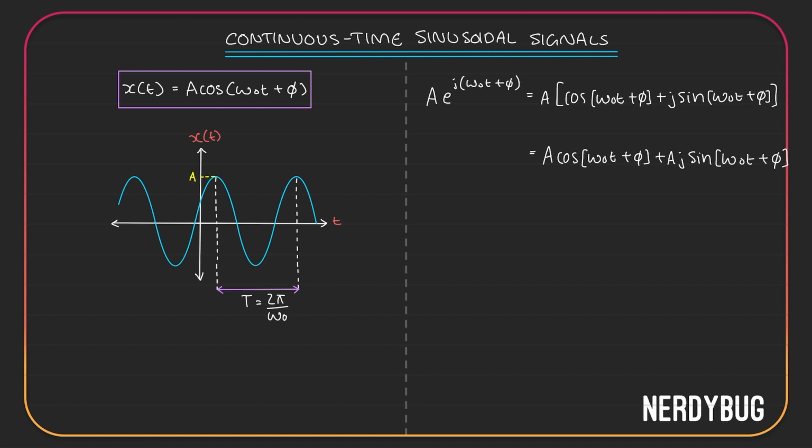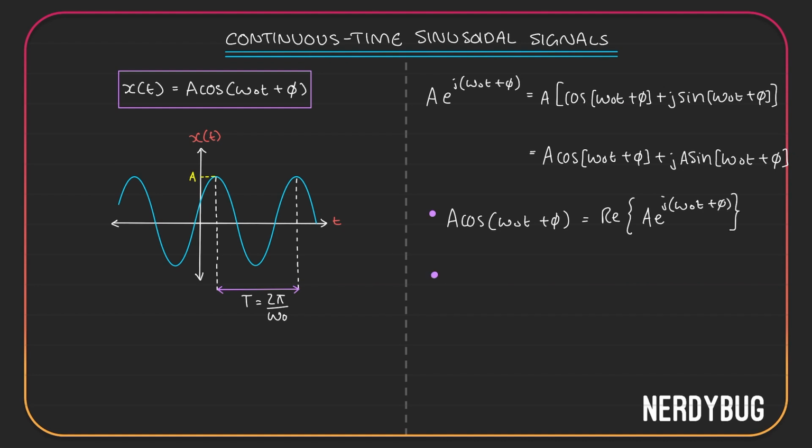Right. Now you can see this is the real part of this complex function and this is the imaginary part. So I can write A cos omega naught t plus phi is the real part of A e raised to j omega naught t plus phi.